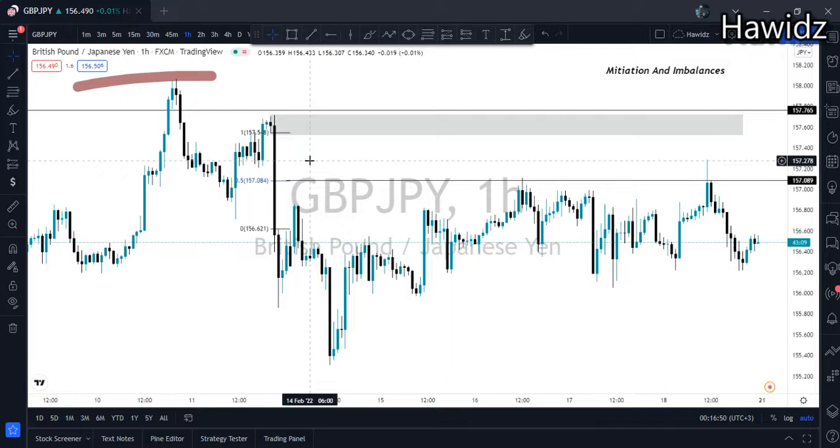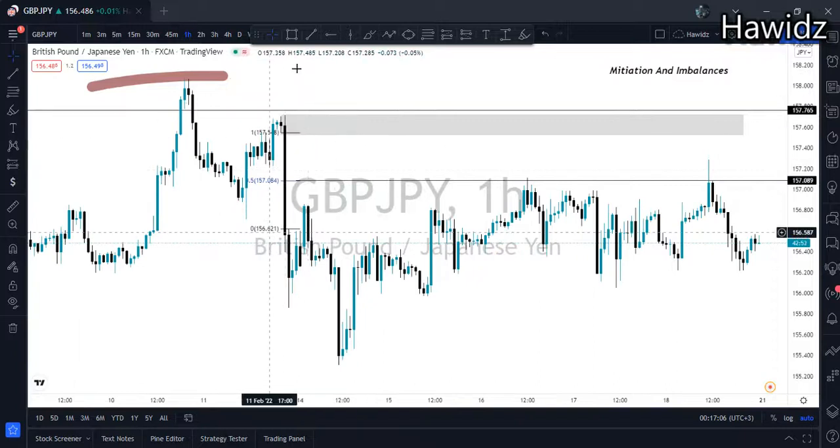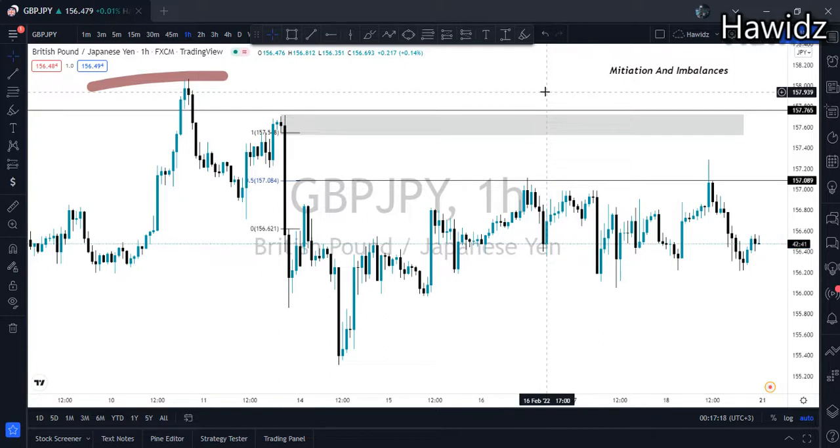Everything is a prediction, a probability. The only thing you can control in these charts is your risk. You can't control price to come down or go up. Price just goes in its direction based on how the market makers push it. So what we retail traders can do is just control and minimize our risk.